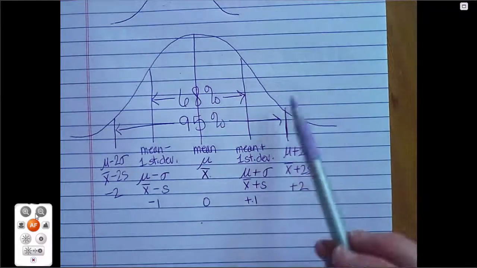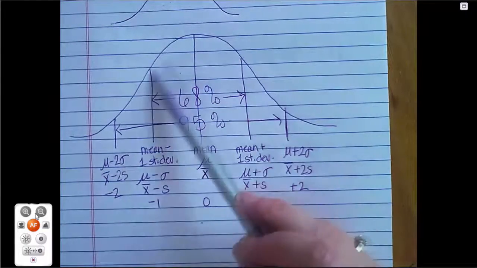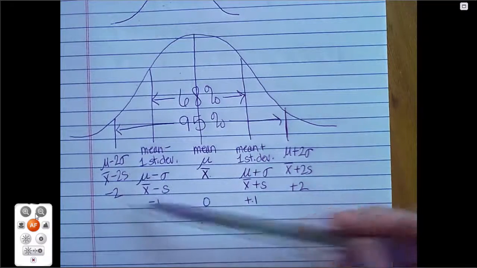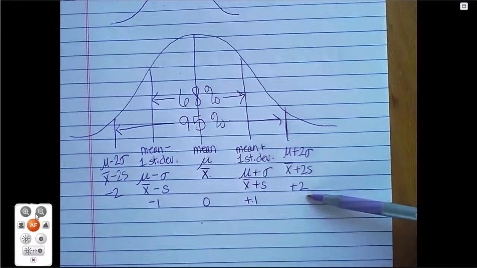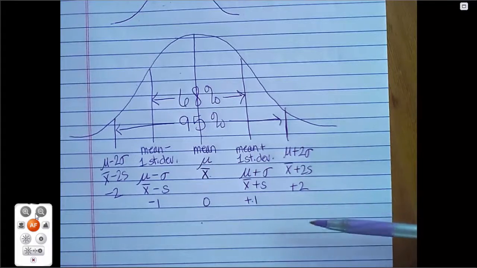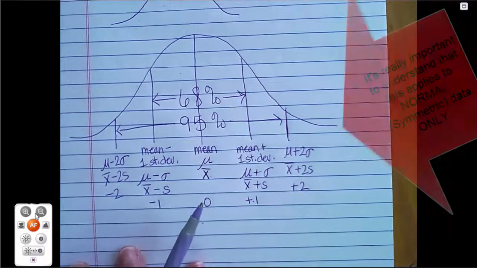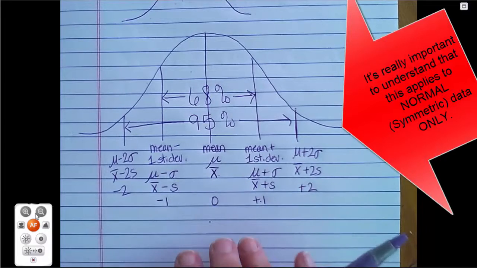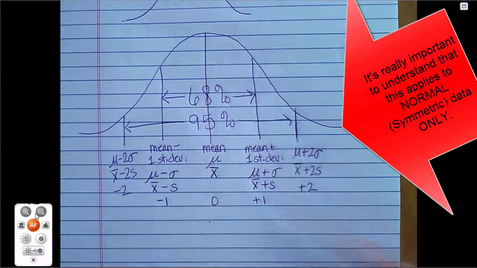So 95% of our data lies within 2 standard deviations of the mean when it's normally distributed. Now, we've seen yesterday that some data is skewed, and that's not normal, so this doesn't apply. This only applies to roughly symmetric data that falls along this normal model.